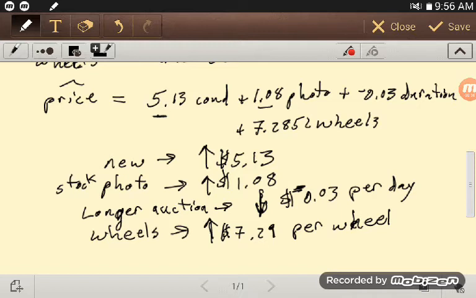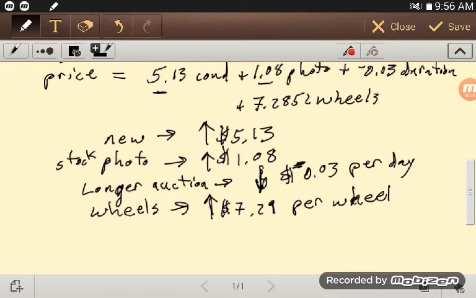And so what used to look like condition was such a big player at $10, actually, when you look at the confounding variables, sure, condition matters, $5 for new versus losing that $5 for old. But actually, it's the number of wheels that really matters.